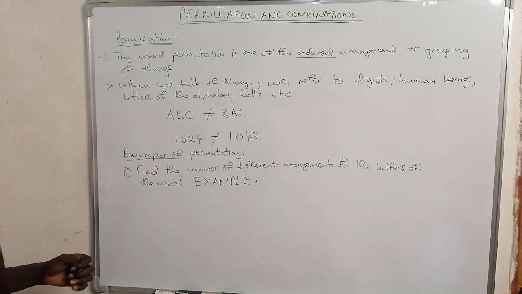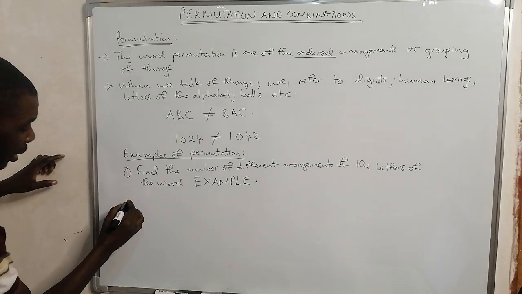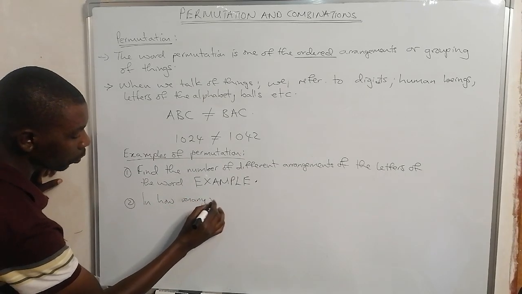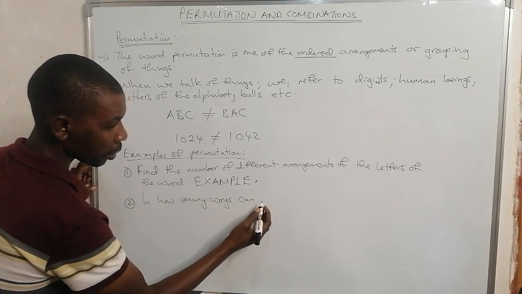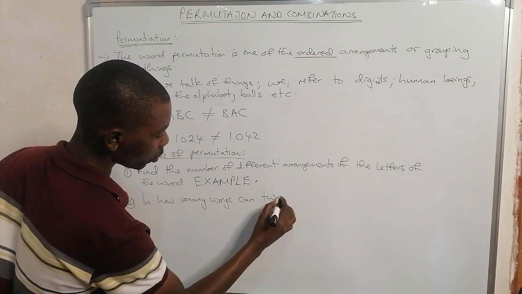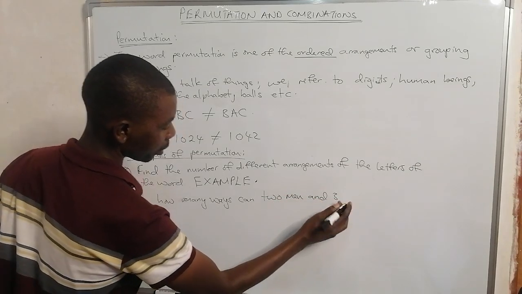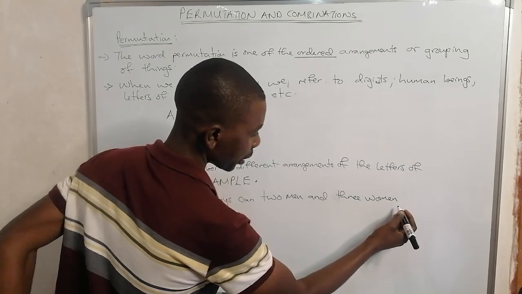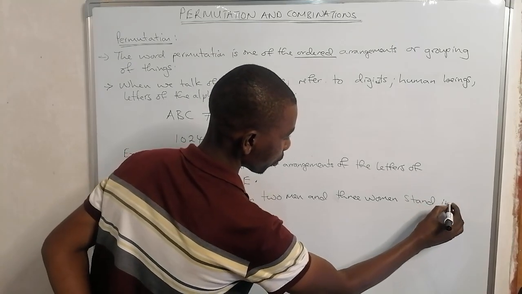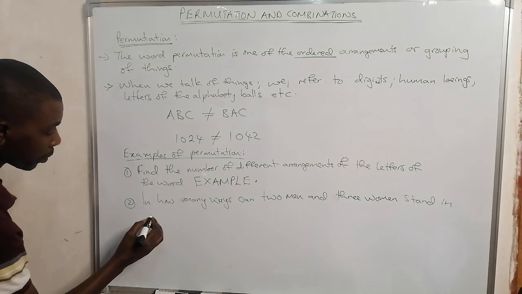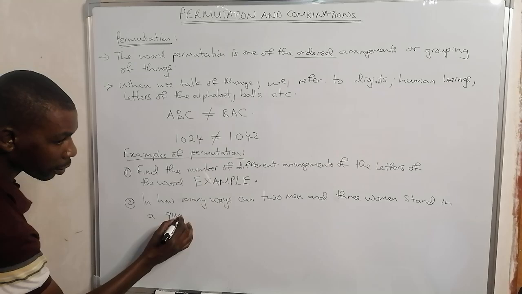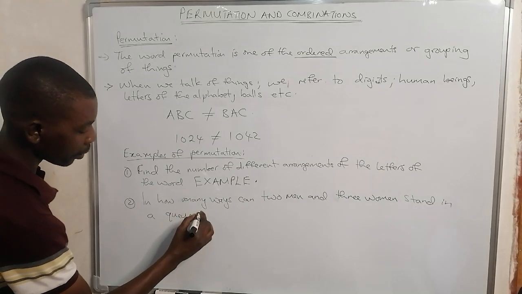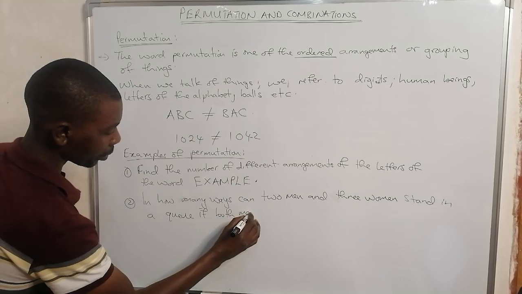Another permutation: in how many ways can two men and three women stand in a queue if both men stand next to each other?